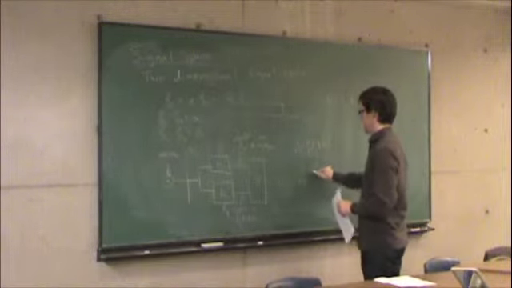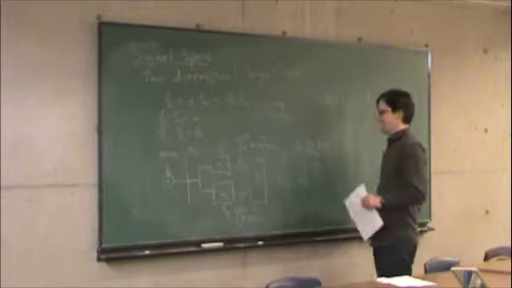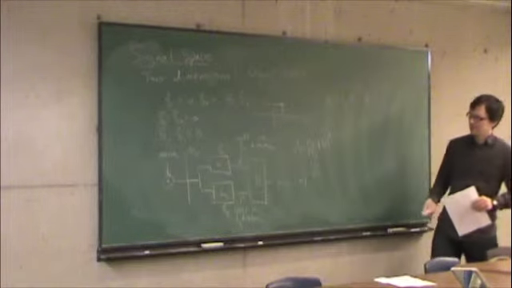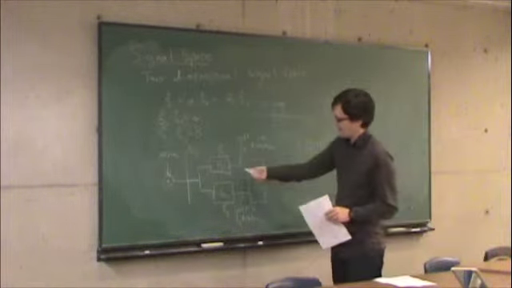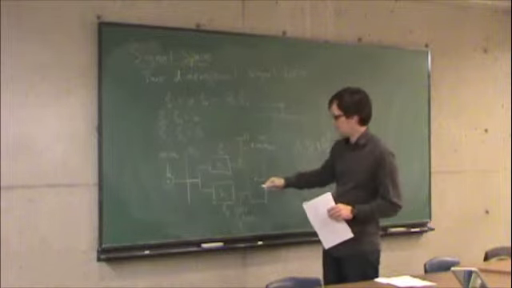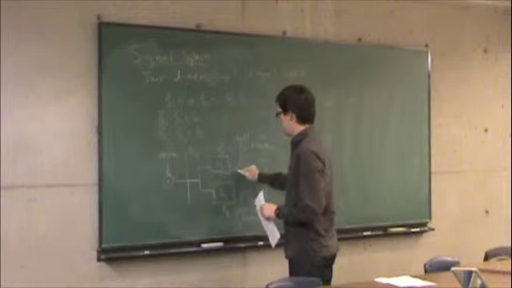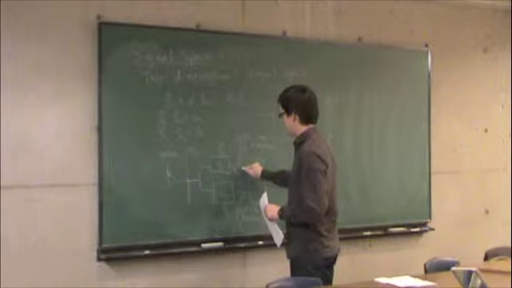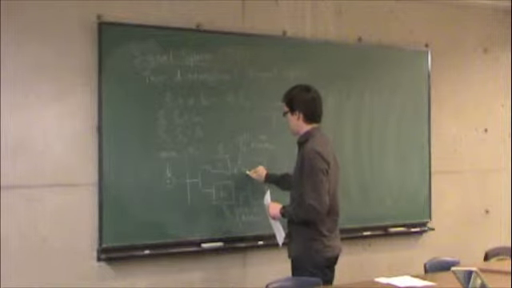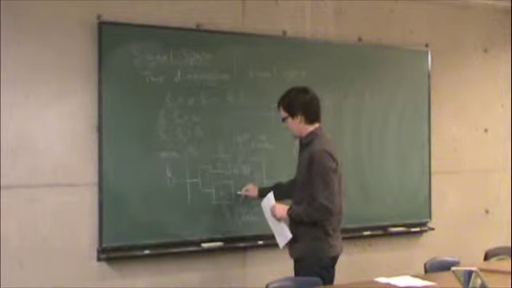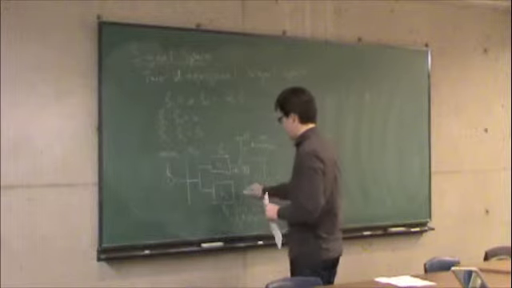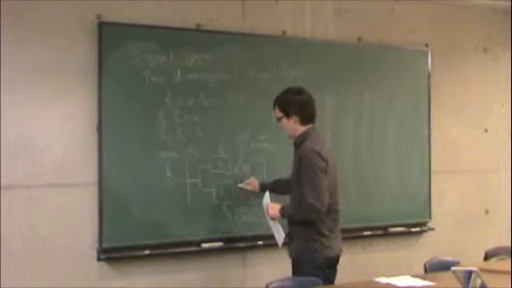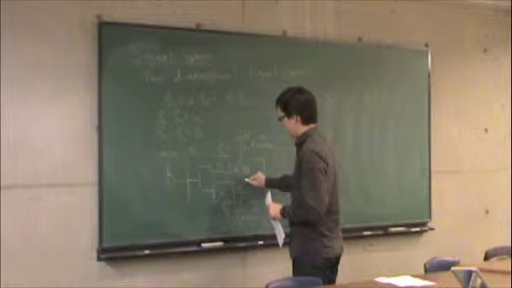It's N0 over 2Ts. In other words, up here, I have a Gaussian random variable with mean alpha I, variance N0 over 2Ts. And on the lower line, I have a Gaussian random variable with mean beta I and variance N0 over 2Ts.